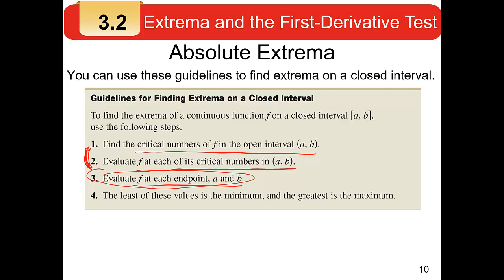Once you've done all that, though, just put them in order, in numerical order of y values, and whatever comes out smallest is the minimum, and whatever comes out the biggest is the maximum. So once you get all those y values calculated, you simply put them in order. The smallest y value becomes the minimum, the biggest y value becomes the maximum.